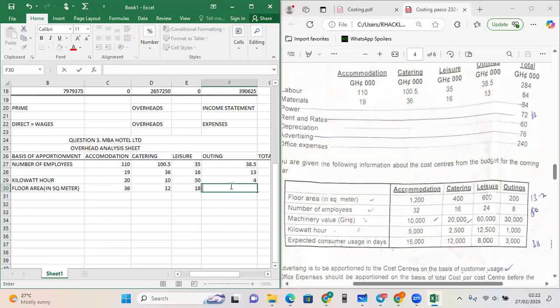Then 200 times 200 divided by 2,400, brackets close, times 72. That's 6.